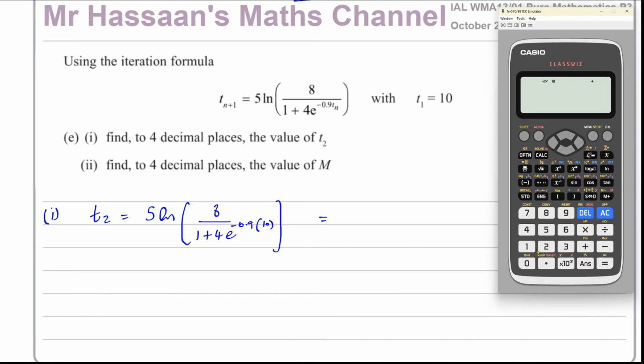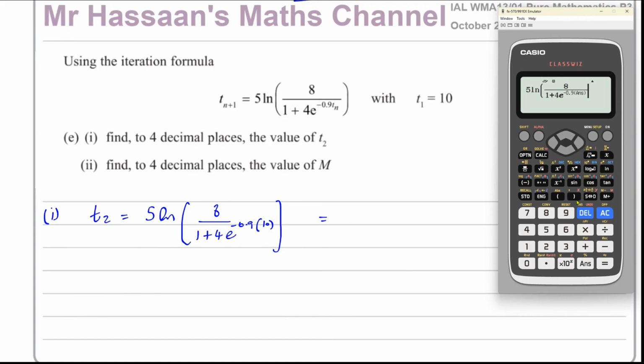So now what I'm going to do is set this up. I have 5 times ln of 8 over 1 plus 4 times e to the power of negative 0.9 times, I'm going to put answer here. I'm not going to put 10, I'm going to put answer.